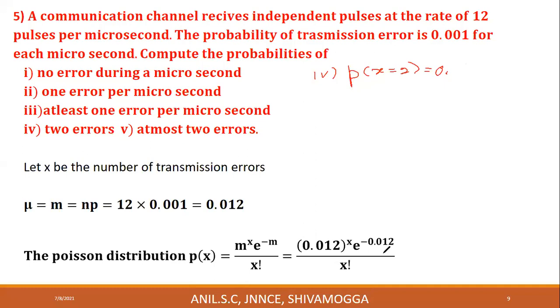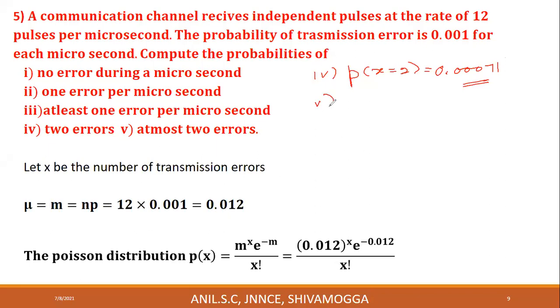What is the answer? Unmute and answer. P of 2 is 7.11 into 10 power minus 5, that is 0.0007. That's right.